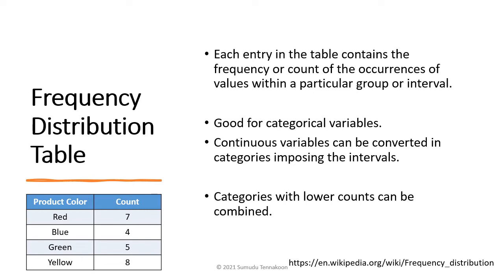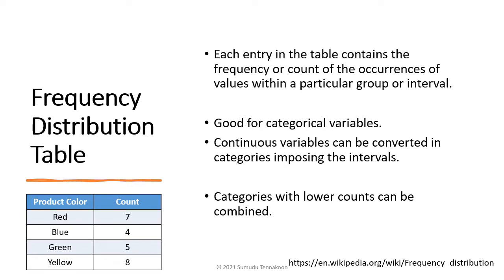Each entry in the frequency table contains the frequency or count of the occurrence of the values within a particular group or interval. So here the group is color. We have 7 red t-shirts, 4 blue t-shirts, 5 green t-shirts, and yellow t-shirts.